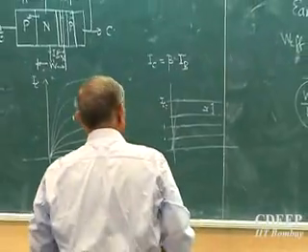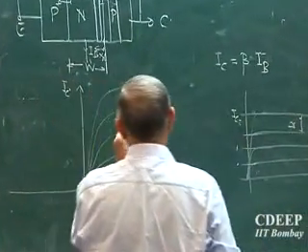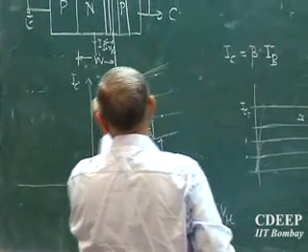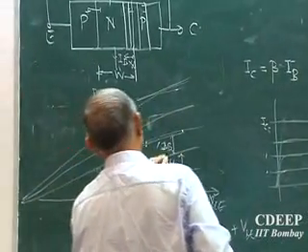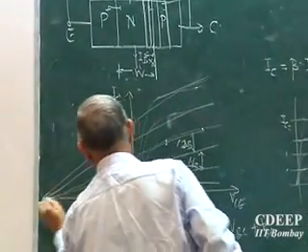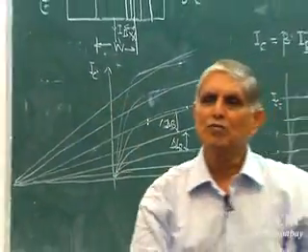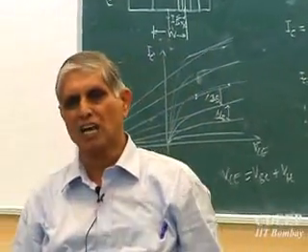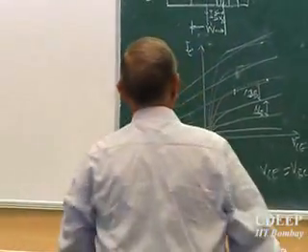The importance of the Early effect is obvious, but there is one interesting feature which they figured out. I may not be able to show you correctly unless I had drawn a good graph. If I extrapolate any of the characteristics at different IB towards the minus VC side, they all meet at one voltage.